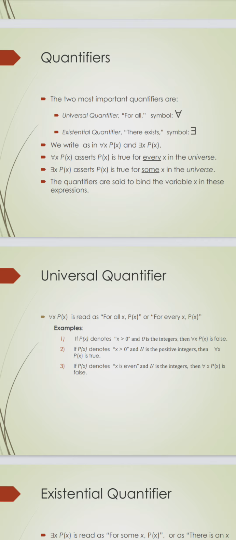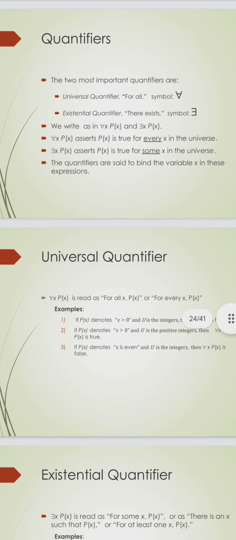The universal quantifier for all x P of x is read as for all x P of x, or for every x P of x. For example, if P of x denotes x greater than 0 and U is the integers, then for all x P of x is false.